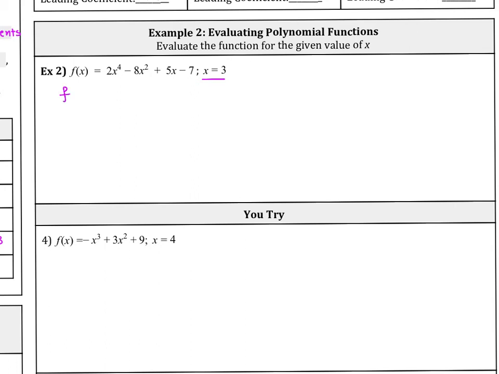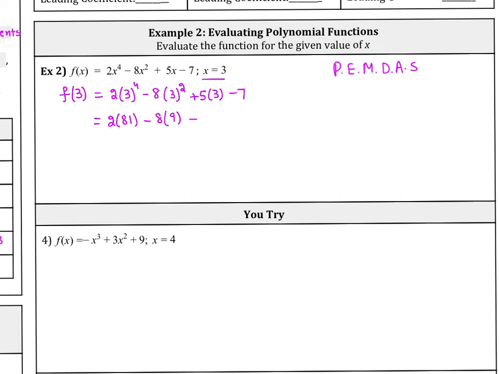So we're going to plug in, or substitute, the x value, 3, into the function, and then solve using PEMDAS: parentheses, exponent, then multiplication and division, and then addition and subtraction. So that's going to be 2 times 81 minus 8 times 9 plus 15 minus 7.